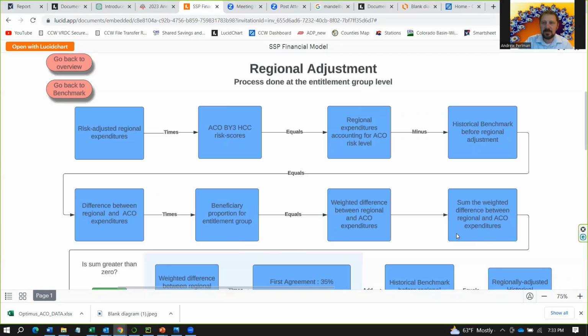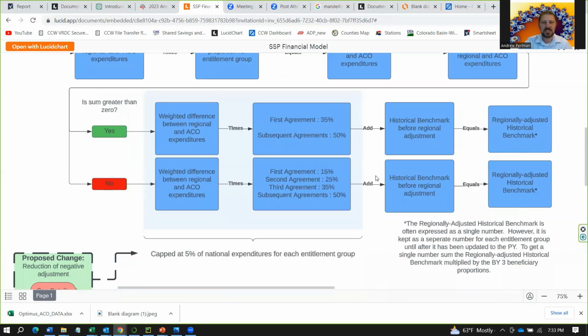Now, if the sum of those is positive, you're going to receive a positive regional adjustment. So if the sum is positive, you were cheaper than your region on average. And if the sum is negative, you were more expensive, and so your benchmark is going to be adjusted down. Now, CMS has decided to do this on a rolling schedule so that in your first agreement period, you don't get as much benefit from having a regionally efficient provider.